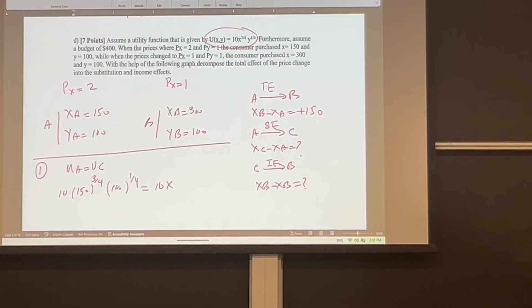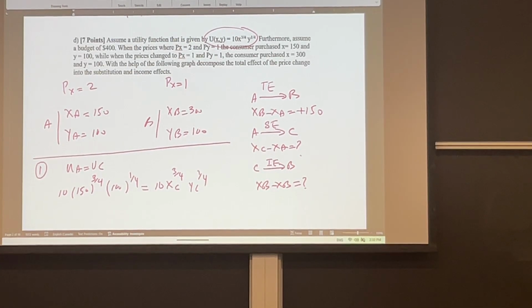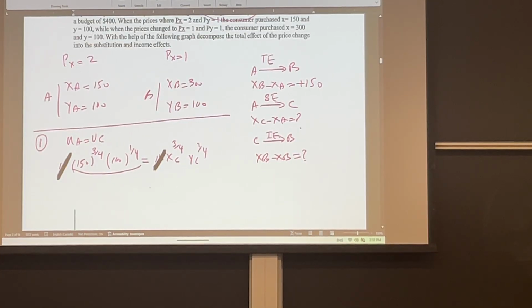That is the utility of C that we have to find. Make sense? So I'm going to get rid of 10, sorry, we don't need it. I need this number though. How much is that?